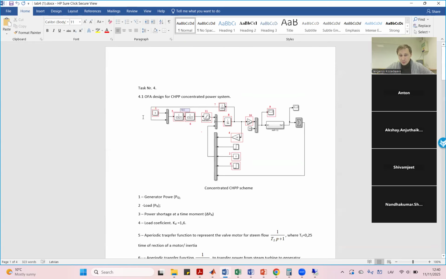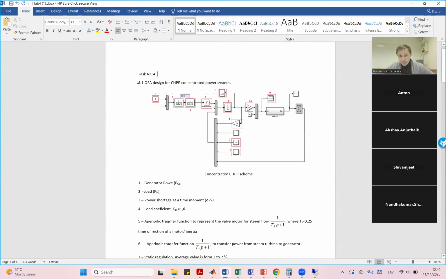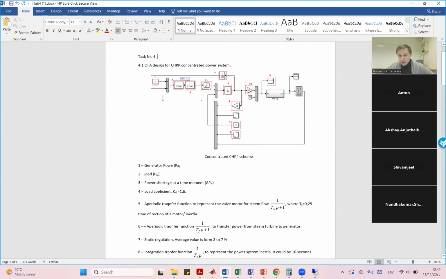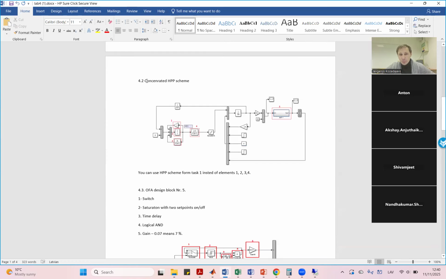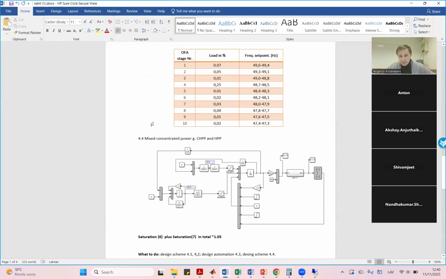This is when we have power generated by CHPPs, and this one, you see this number 4.1, and here 4.2 when the power is generated by hydro. And the last one, mix.